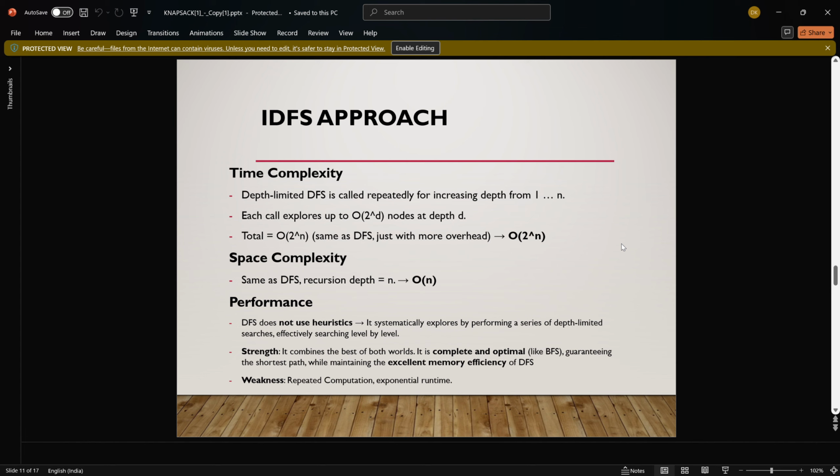It does not have any heuristic. It systematically explores by performing a series of depth-limited searches, effectively searching level by level. It combines the best of both worlds of BFS and DFS and gets the complete and optimal solution. Again, the problem is it has repeated computation and exponential runtime.